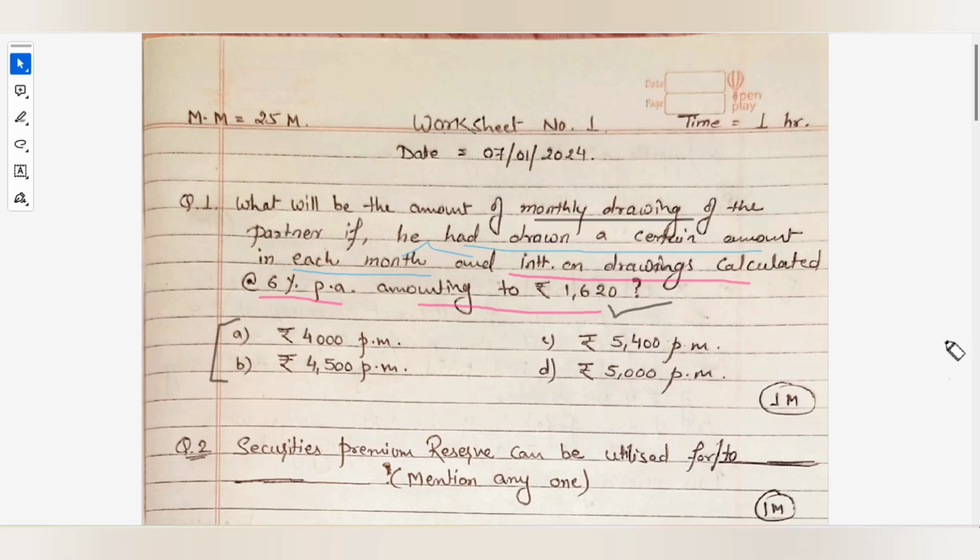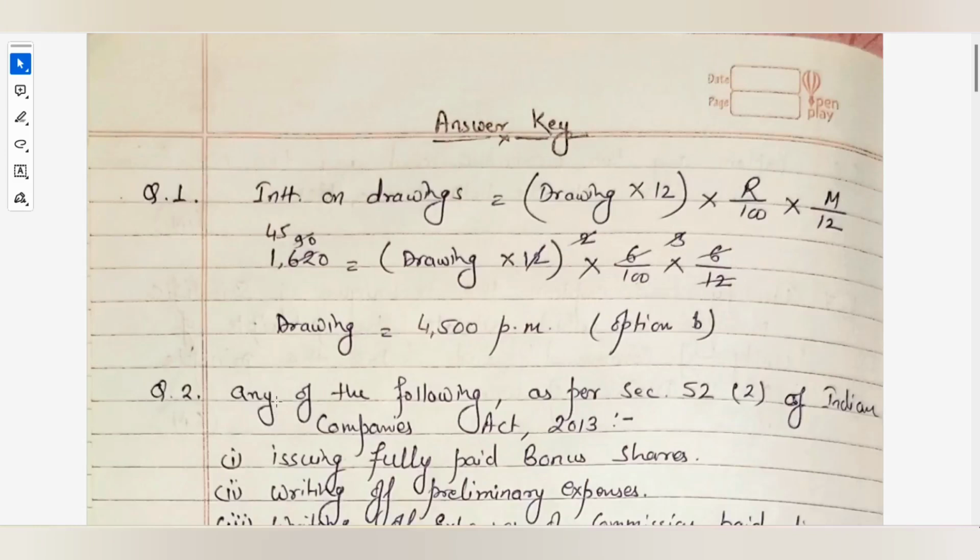So let's have the solution part of this question, and see what the correct answer will be. First of all, as we all know, to calculate interest on drawings, the formula is drawings multiplied by 12, if months is not given we have to assume 12 months, then rate upon 100, and finally average months divided by 12. In this case, interest is already given as 1620.